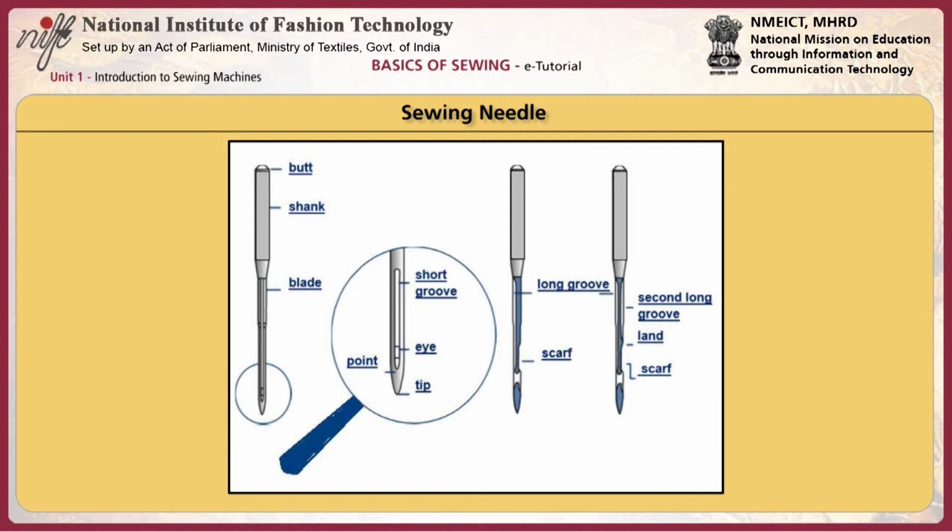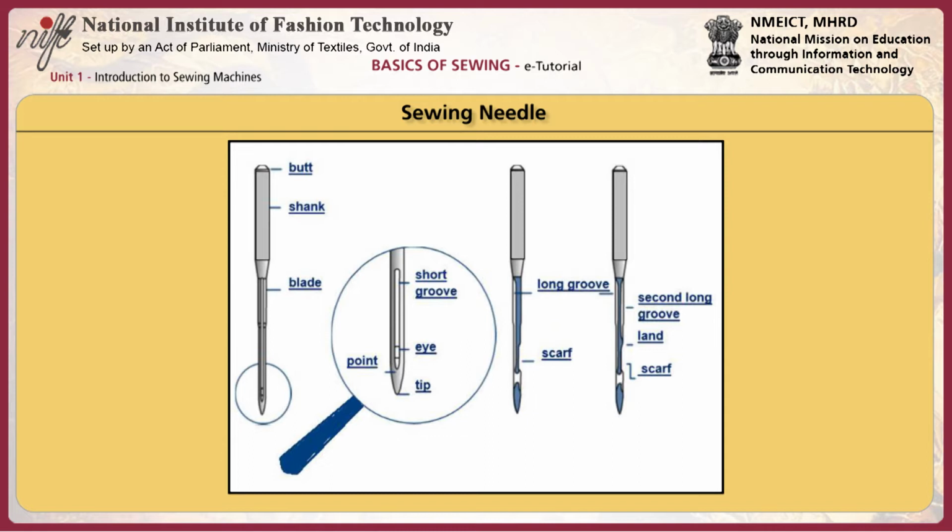Next, shoulder. The beginning of the shank just above the needle blade. Scarf. A small indentation above the eye that permits the hook to pick up the thread loops.